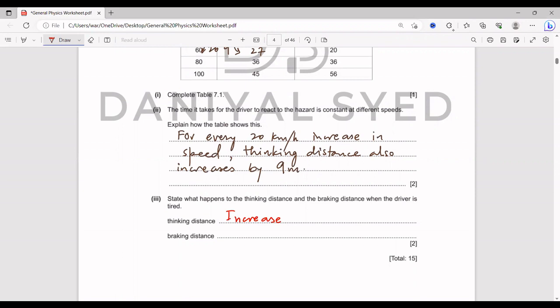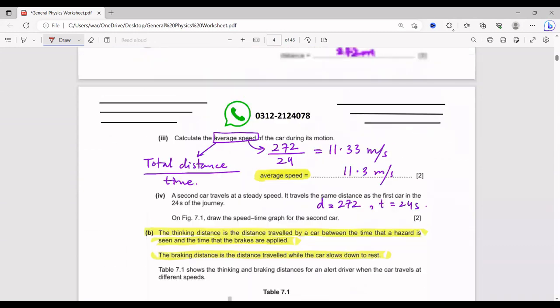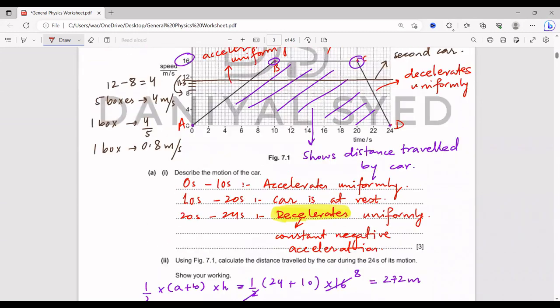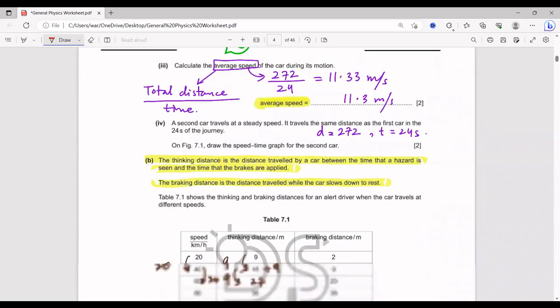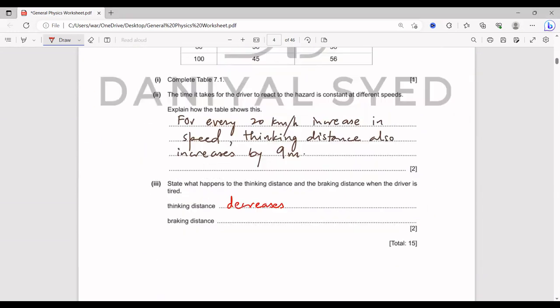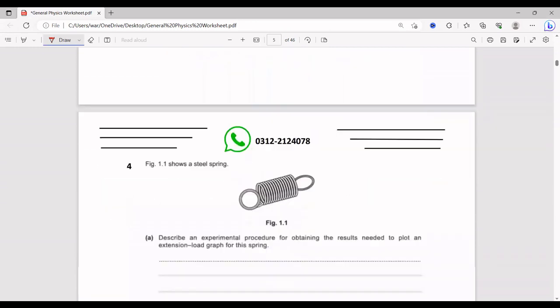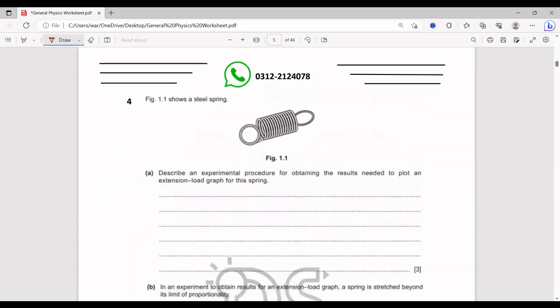But if we talk about braking distance, there will be no change in the braking distance. So this is all about question number 3.